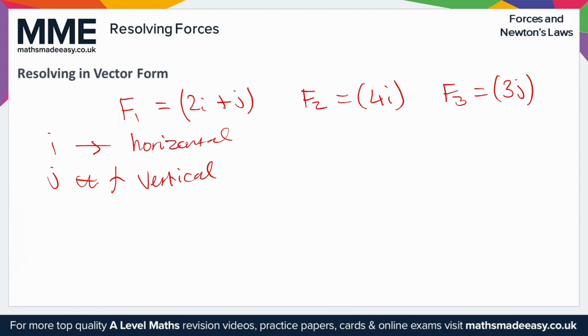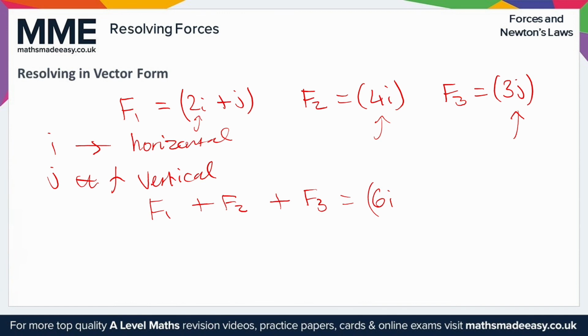When trying to work out resultant forces in this sort of form, you do it exactly as you would in normal algebra. So if we wanted to do F1 plus F2 plus F3, we would just add together the respective i and j components. So we'd have 2i plus 4i plus no i's in this case, so 2i plus 4i, we'd get 6i.